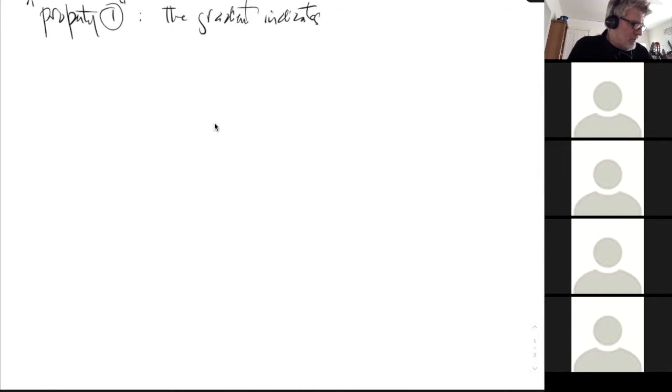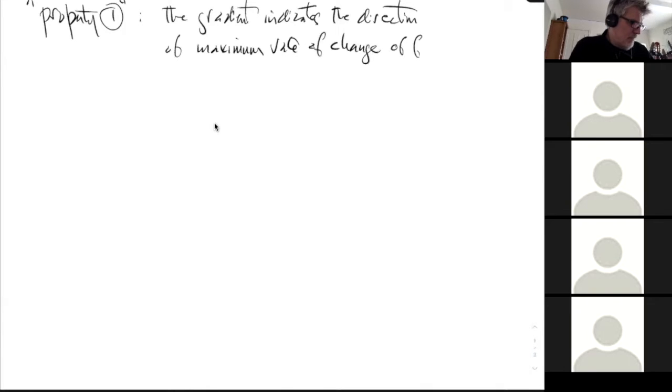So that indicates the direction of the maximum rate of change of f at x bar. We saw this is actually pretty easy to figure out.